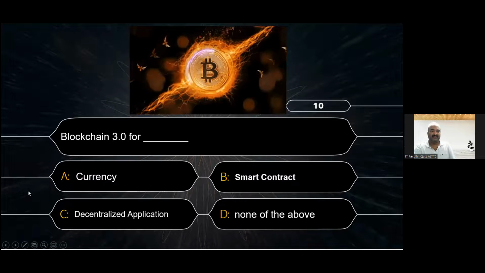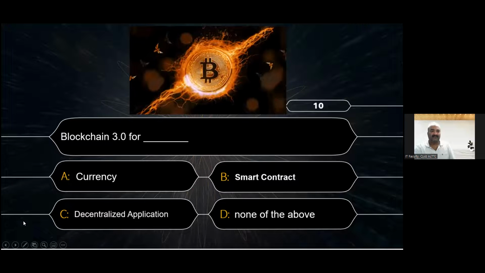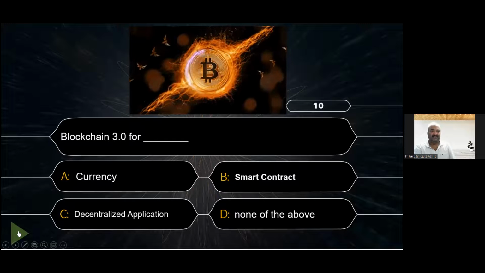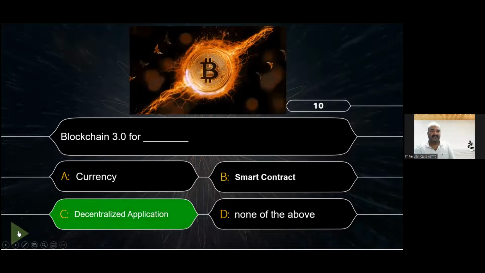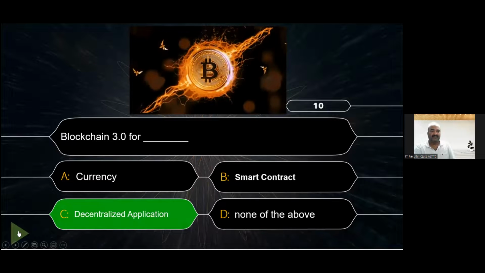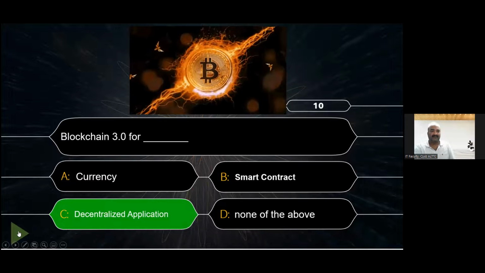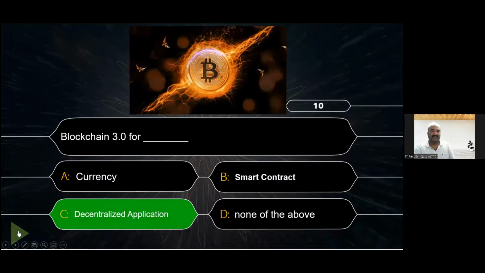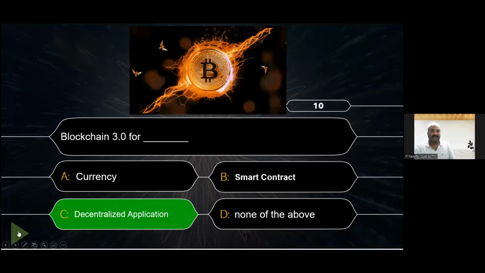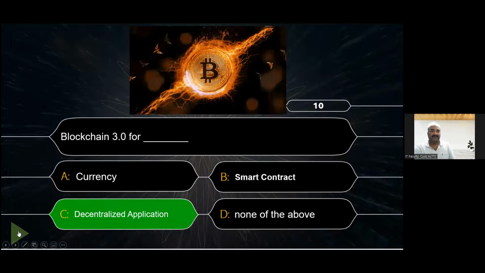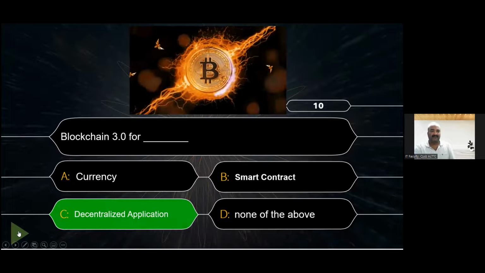The answer is mostly B. Congratulations, those who gave the answer C. Blockchain 3.0 is used for decentralized applications, and basically where applications related to currency and smart contracts come together as a final product.